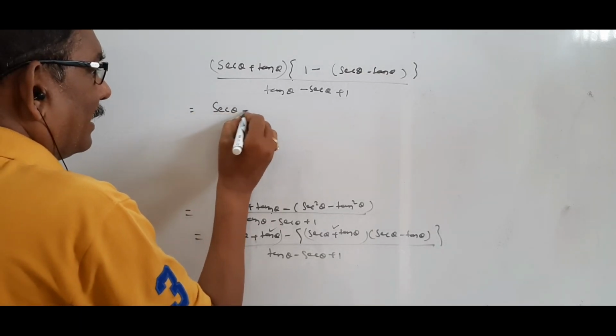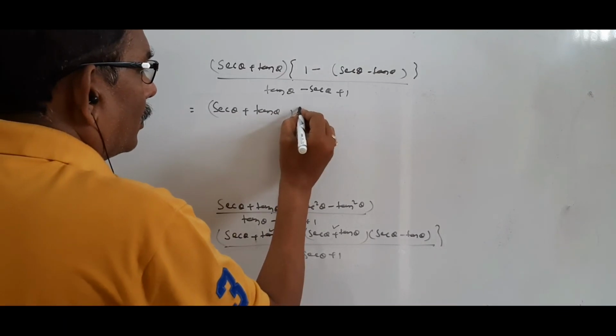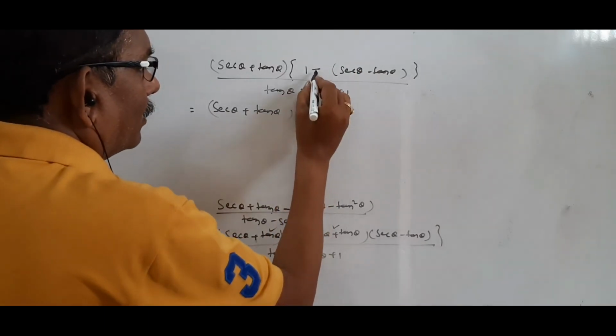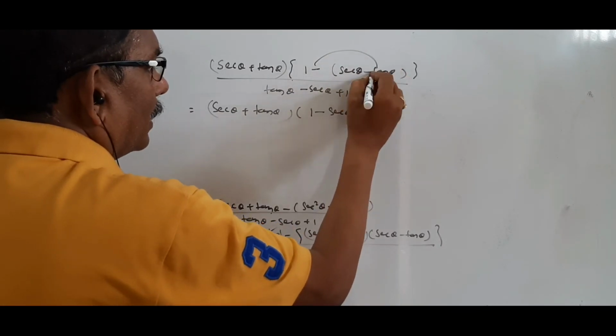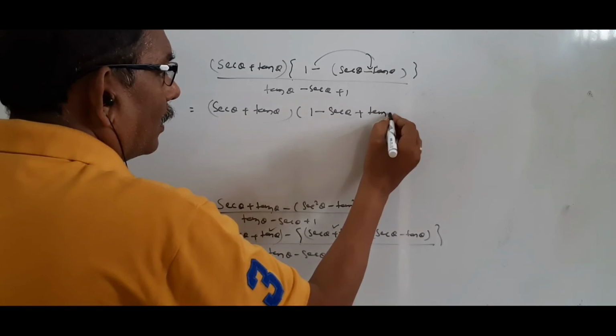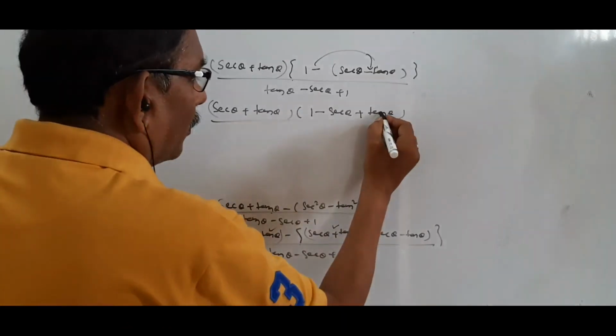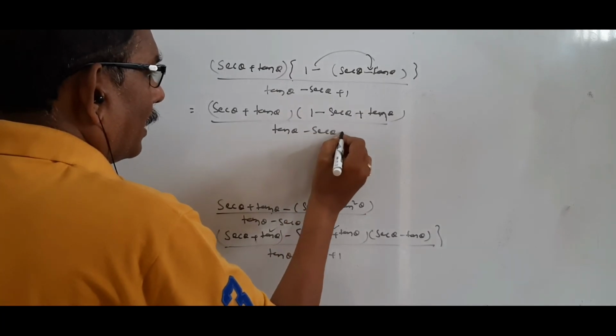Now sec theta plus tan theta is in the bracket. Now here 1 minus sec theta, minus minus, here it is plus tan theta. So tan theta minus sec theta plus 1.